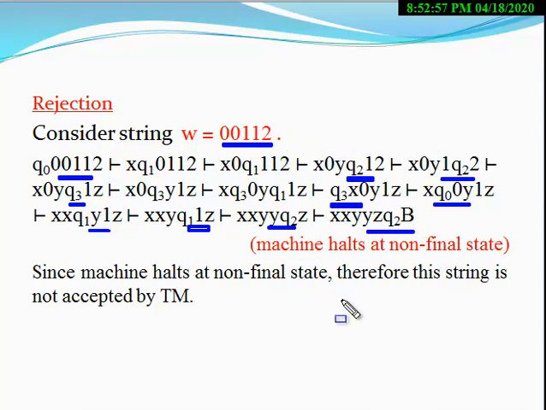So here we saw that when a string belongs to the given set, the string is accepted by the Turing machine. But if the string does not belong to the set, then it is rejected by the Turing machine. It means the constructed Turing machine works correctly.